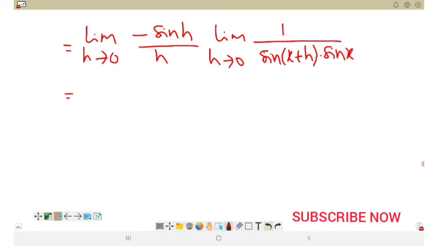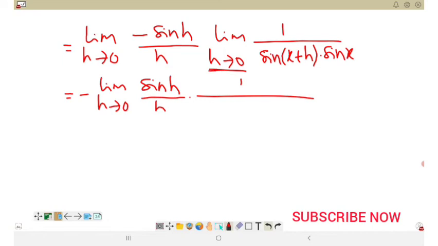Now minus the limit h tends to 0 of sin h by h. Now substitute h equal to 0: sin of x plus h is sin x.